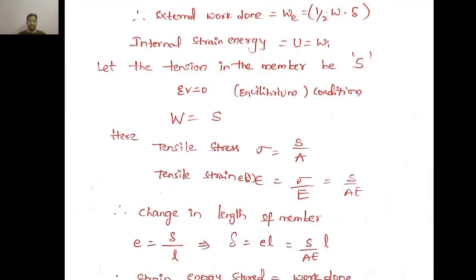So external work done WE is half into load into deflection. The internal energy is the strain energy, which we call U.